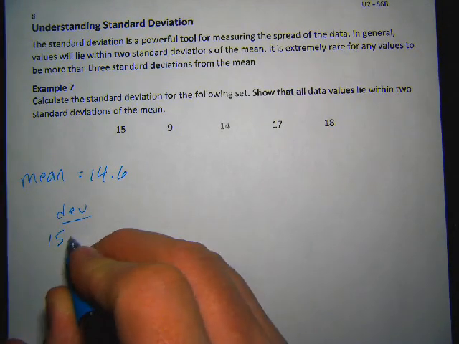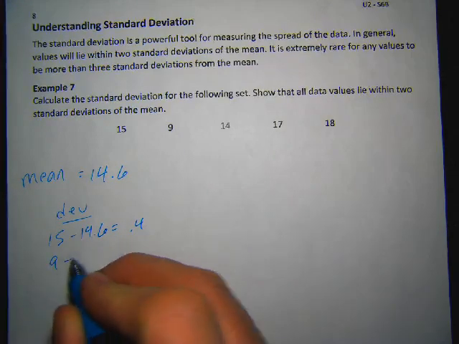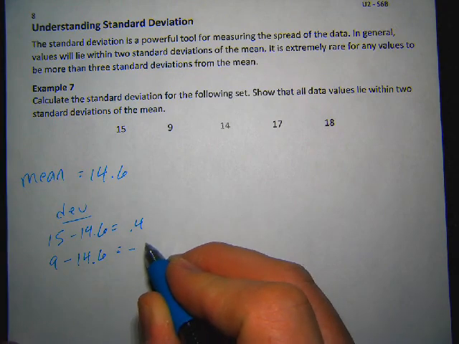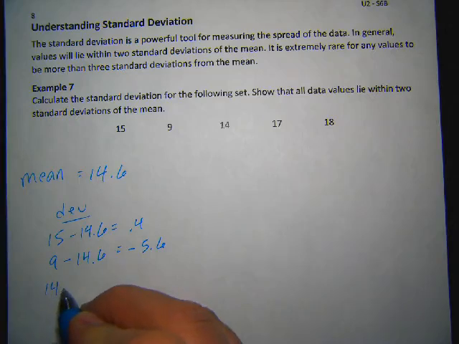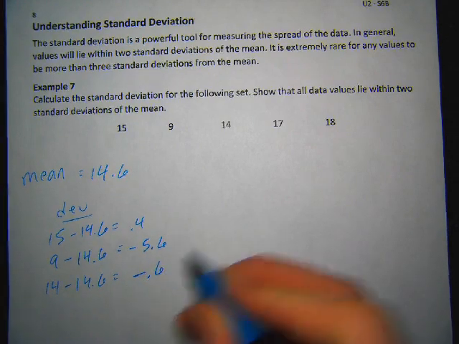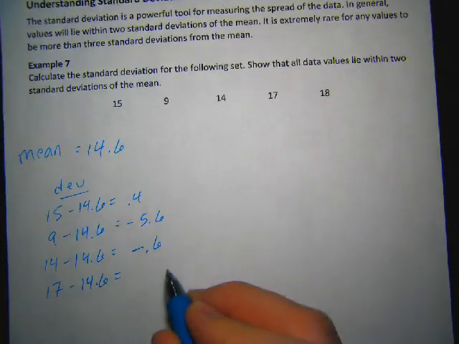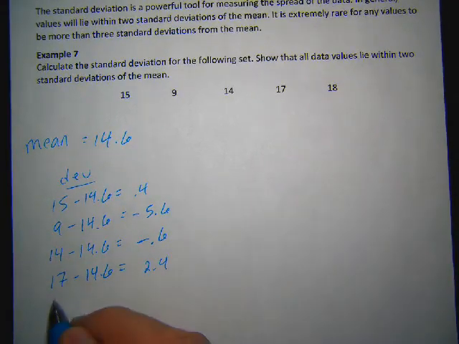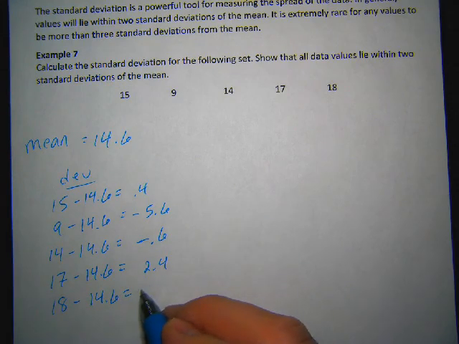So 15 minus 14.6 is 0.4. 9 minus 14.6 is negative 5.6. 14 minus 14.6 is negative 0.6. 17 minus 14.6 is 2.4. And 18 minus 14.6 is 3.4.